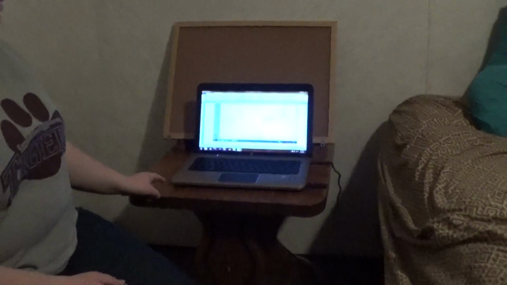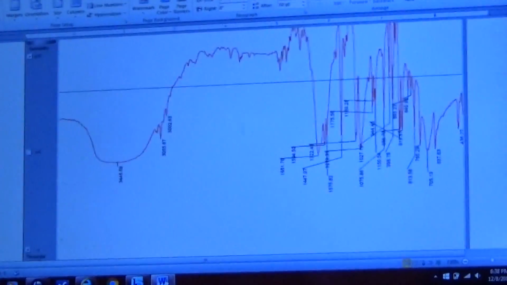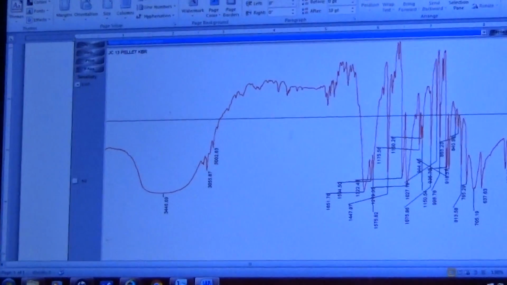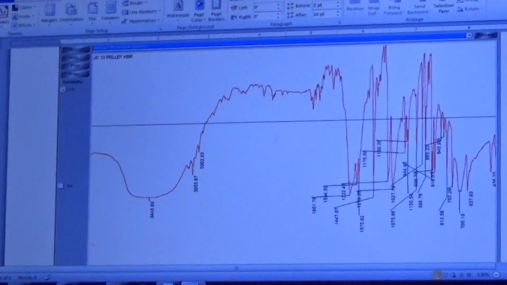And here you can see the IR spectrum. This is what the IR spectrum of the unknown compound looked like.